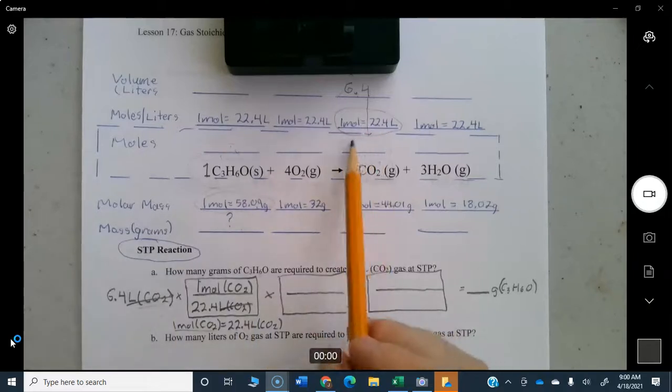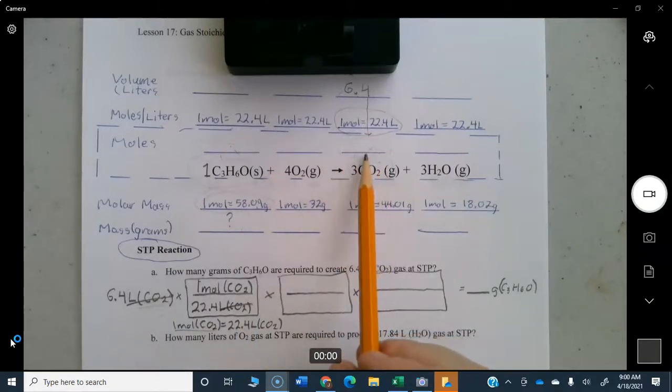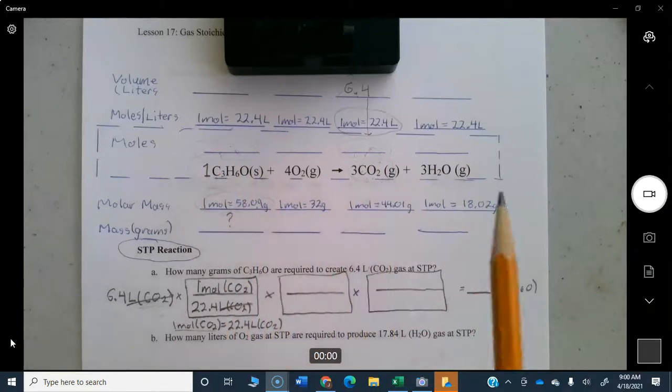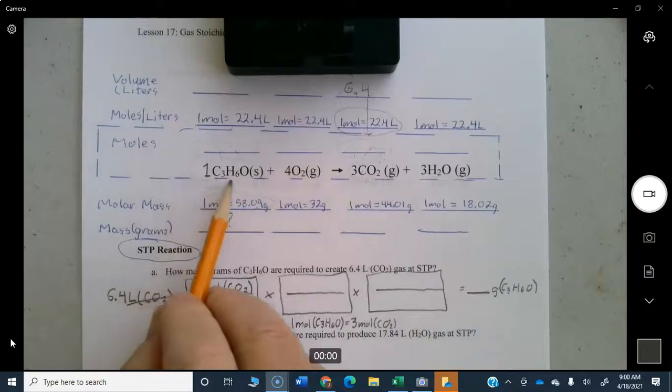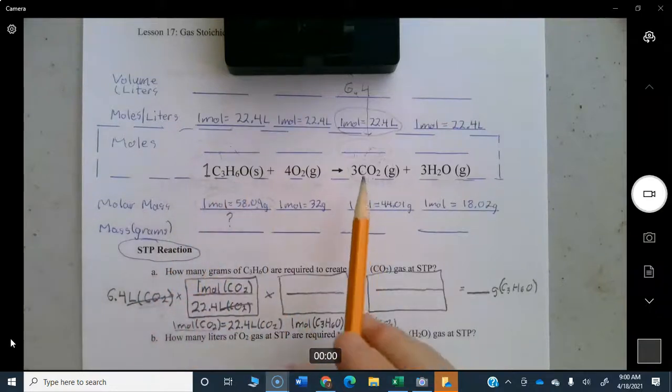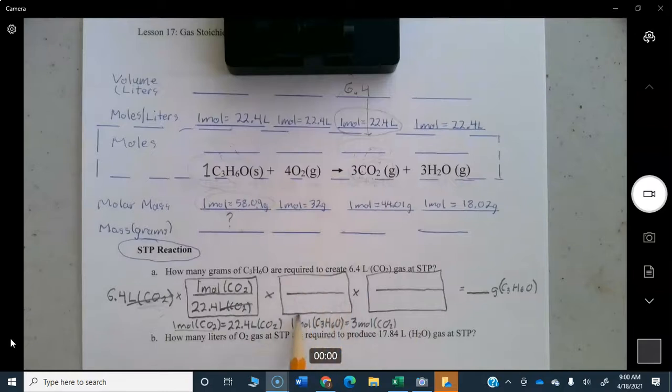So now you're sitting in this box right here. Now we need to get over here. So our second conversion is between these two. So I'm going to write 1 mole of C3H6O equals 3 moles of CO2. There it is, okay? Which one has to go on the bottom?